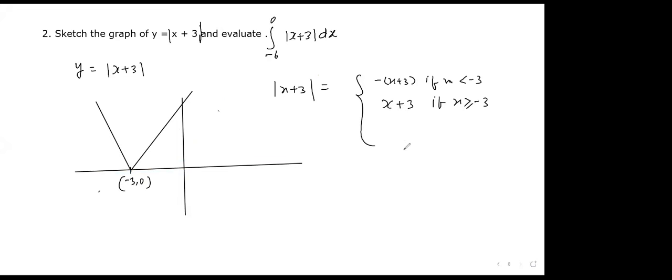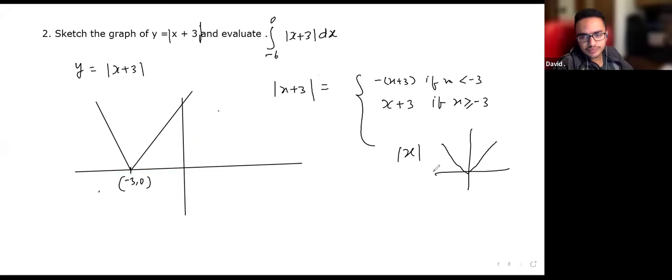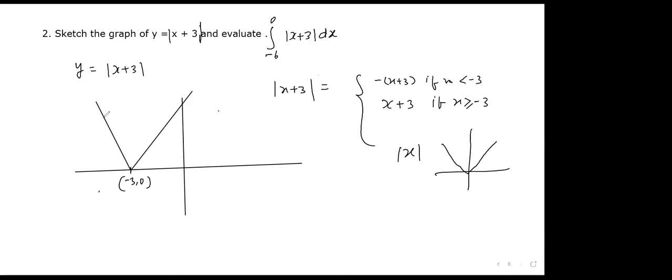And what is the graph of mod x? Do you know that? It will be like this at (0, 0), because mod x is defined at 0. Got it, sir. So this will be the graph of mod x plus 3.